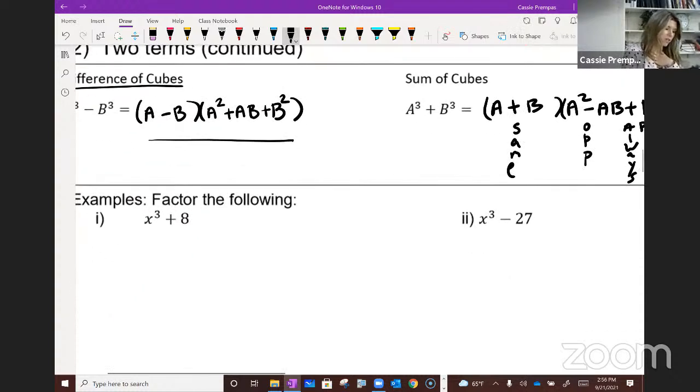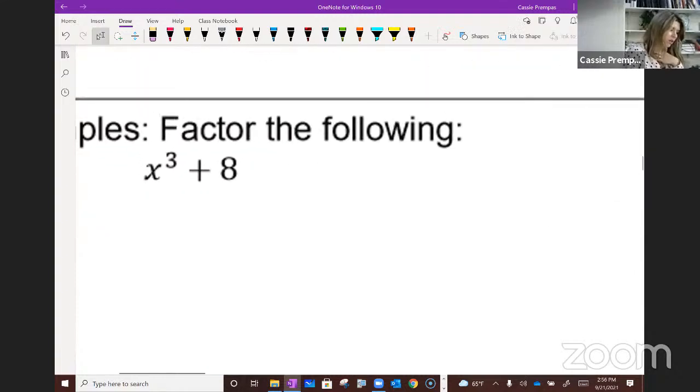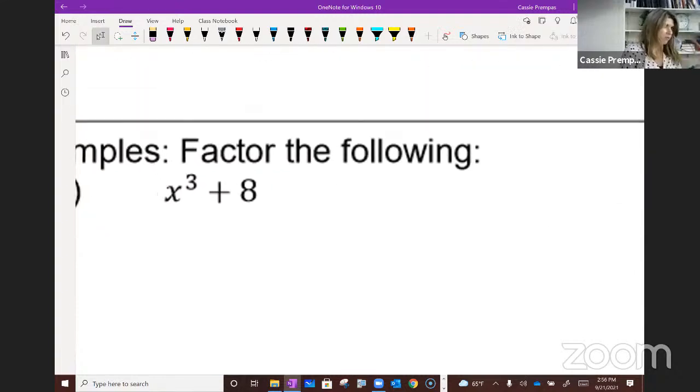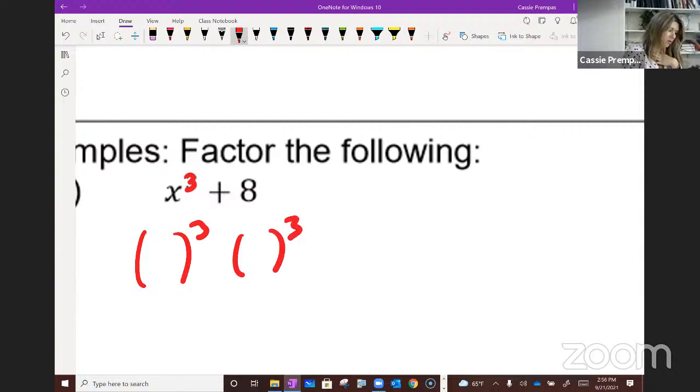So let's try it with the first example, example 1. I have 2 terms. My first step would be, is there a GCF? No. So the next thing I would notice is I have a cube. So I want to see, do I have 2 values cubed? What times itself gives me x cubed? Good. And what times itself gives me 8? 2.